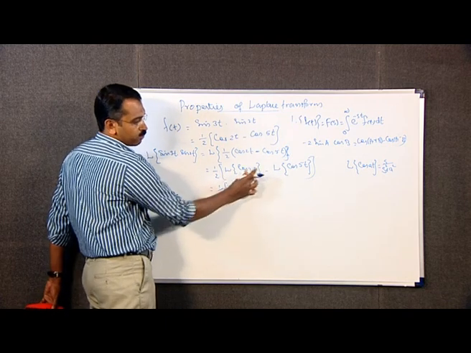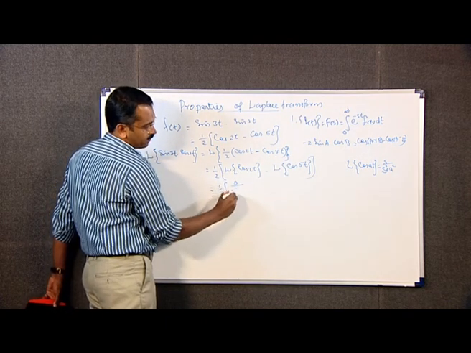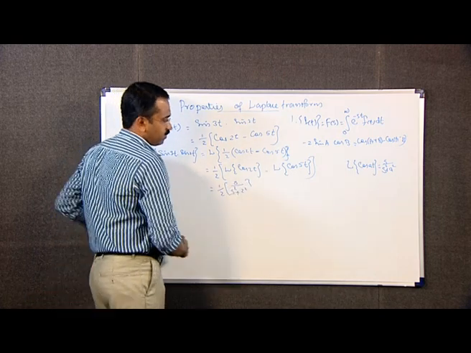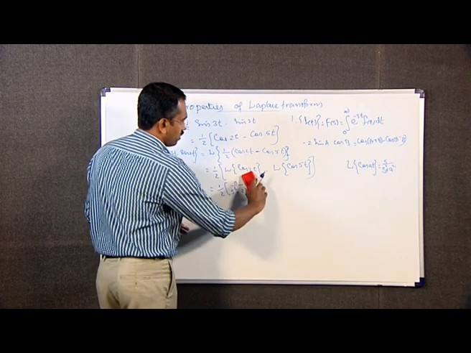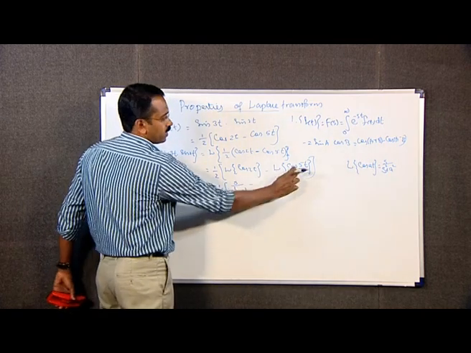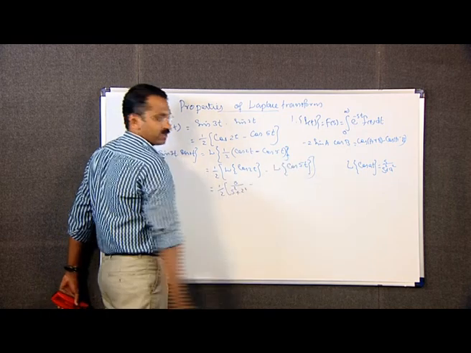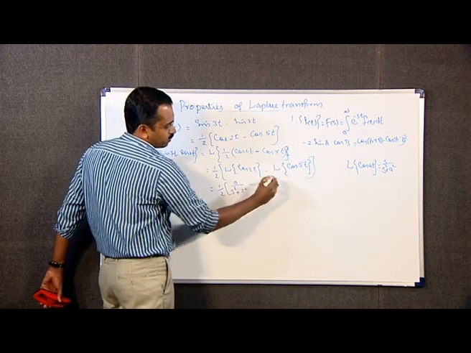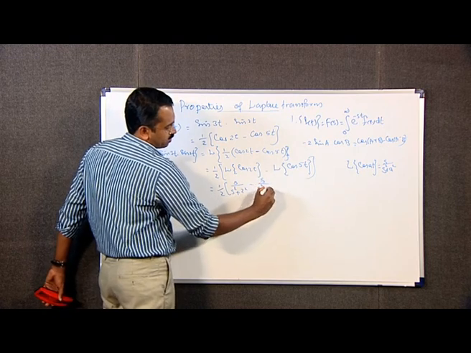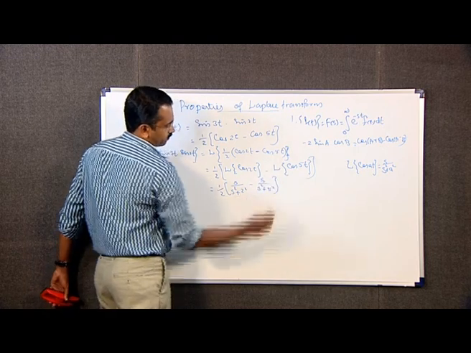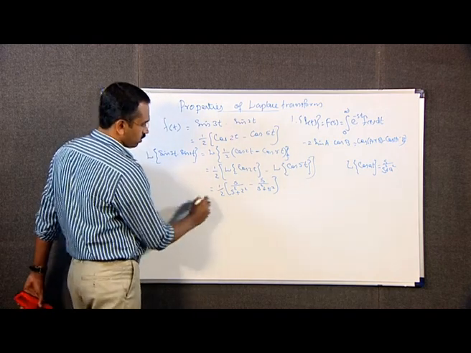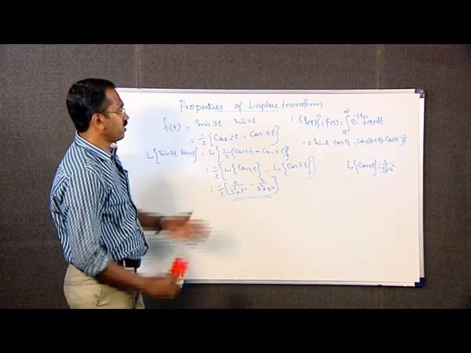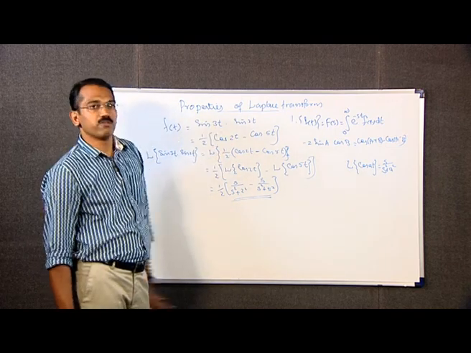Therefore, Laplace transform of cos 2t equal to s by s square plus 2 square, minus, here instead of a it is 5. Therefore, Laplace transform of cos 5t is equal to s by s square plus 5 square. This is the Laplace transform of this function. We used the linearity property of Laplace transform.